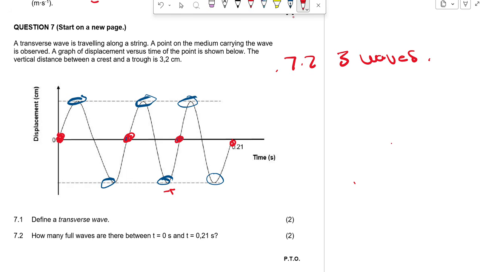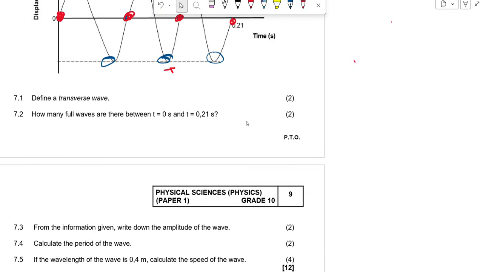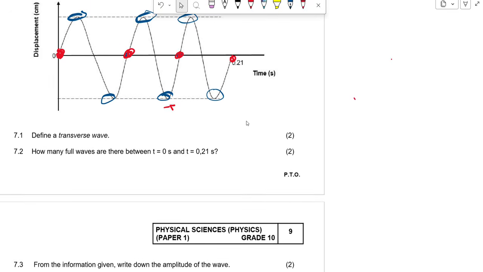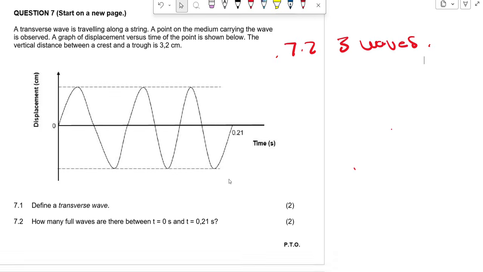Okay, so let's have another question here. Okay, let me clean. So they say from the information given, write down the amplitude of the wave. Okay, so remember there's this information here.